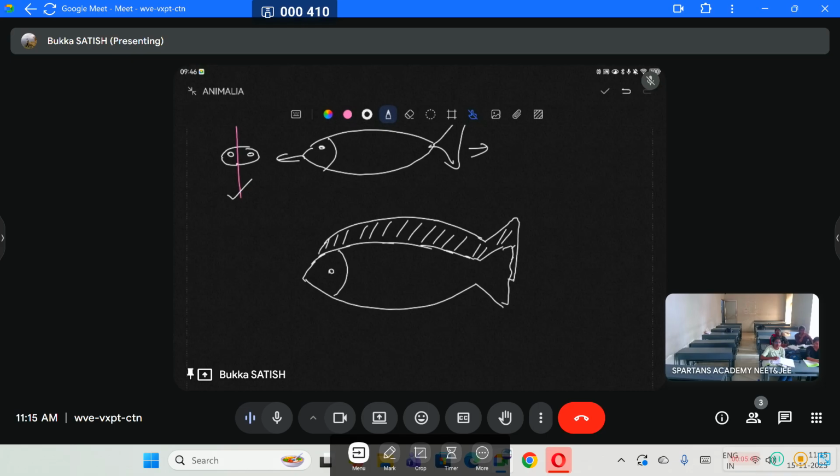Can you understand what we did? Now, this side and the other side are what we call lateral sides. This is one lateral side, the other side is also a lateral side. So this animal clearly has lateral sides. Both sides are the same, which means when you divide this into two halves, both parts have the same kind of structures.